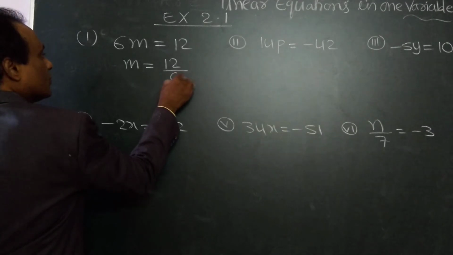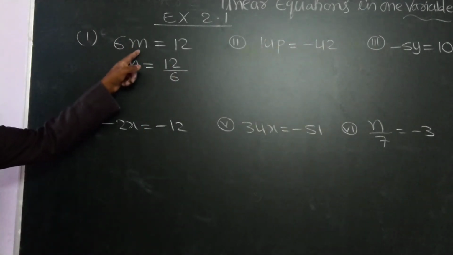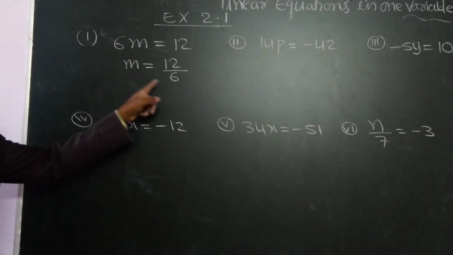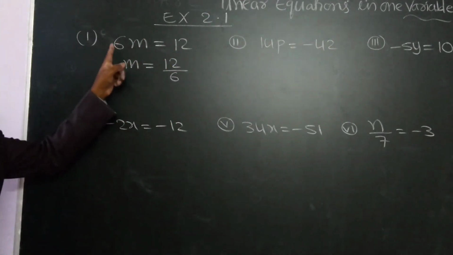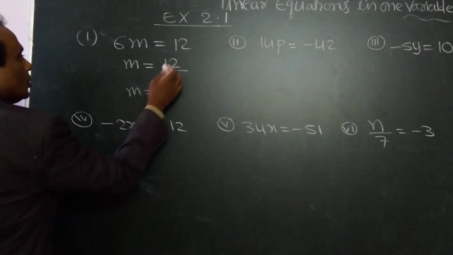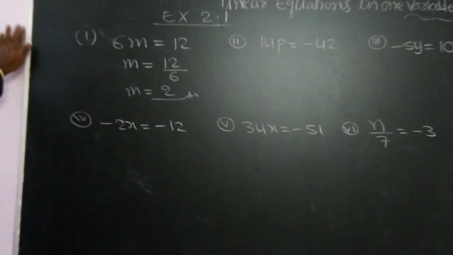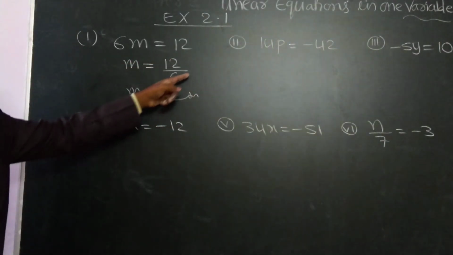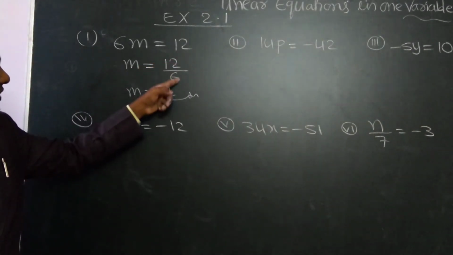It will be in the denominator. 12 by 6 is 2. 6 2 times, so 2.